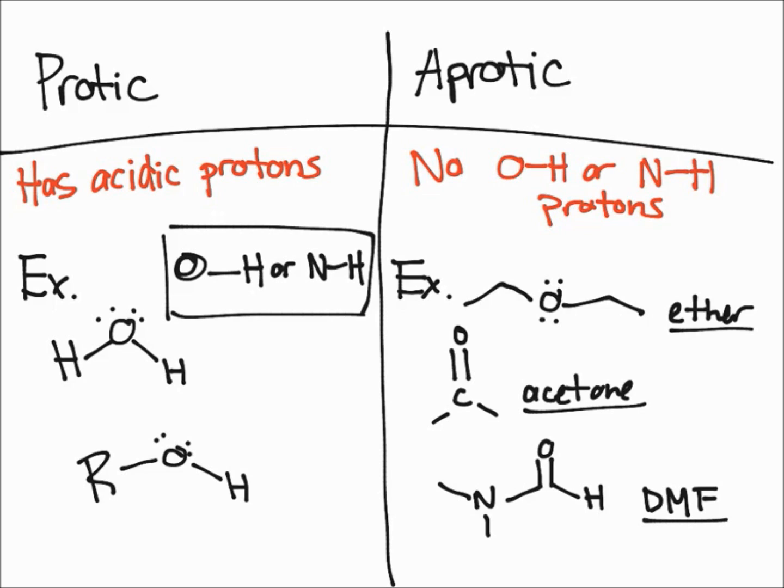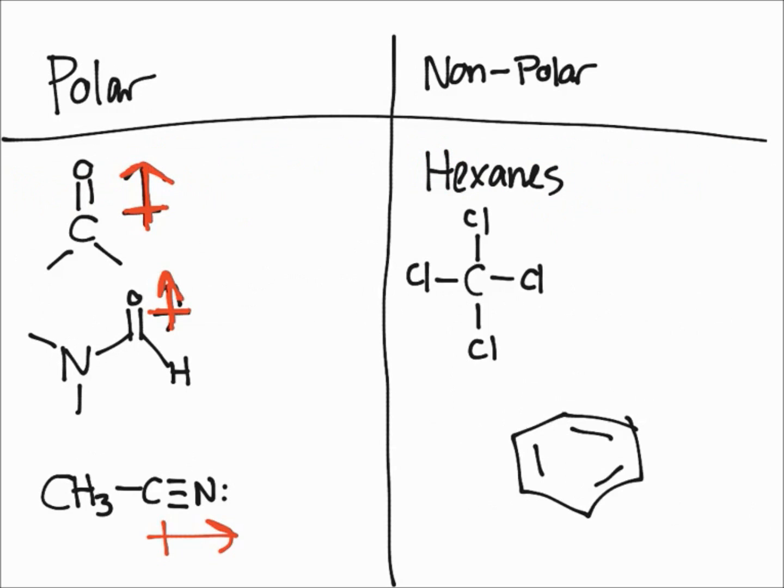Now we have to compare polar versus nonpolar. A polar molecule is going to have an uneven distribution of electrons. What that means is that one atom in a bond is going to be pulling electrons a lot more than another.